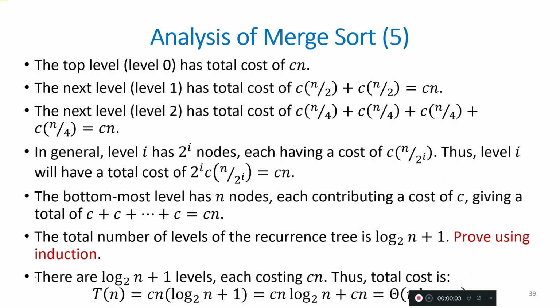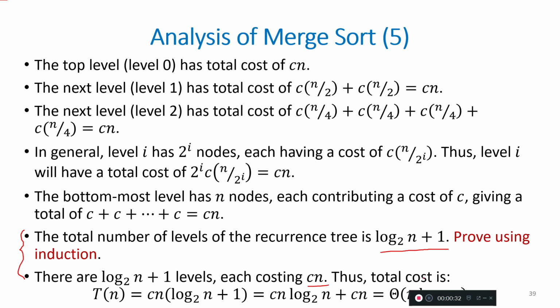This slide summarizes exactly what I just talked about. Let's pay attention to the last 2 points. Using induction, we can actually prove that the total number of levels of the recurrence tree for the merge sort would be log n plus 1. I highly recommend you try this out as practice. Finally, what we have is log n plus 1 levels, and the cost across each level is cn.